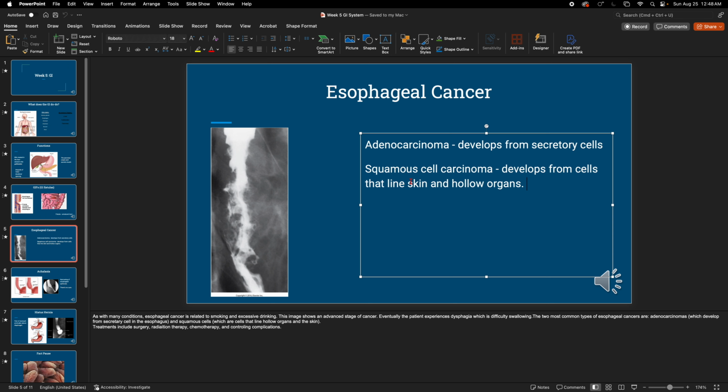So esophageal cancer, you might wonder to yourself, well, if they can't swallow, what do we do? You might have guessed, well, we got to have some kind of ostomy, right? Some kind of connection directly into the stomach to pass food, which is terrible because now they won't be able to taste food, which I think is a big part of eating. So they're going to get some kind of feeding tube to not be malnourished.